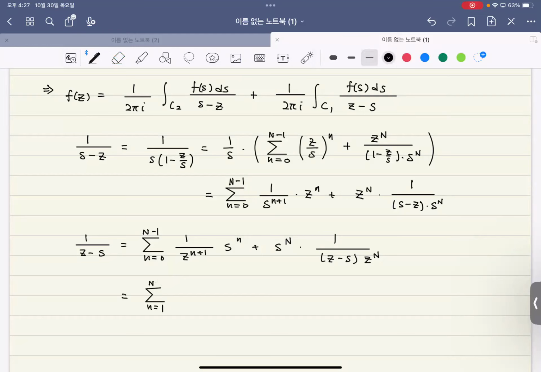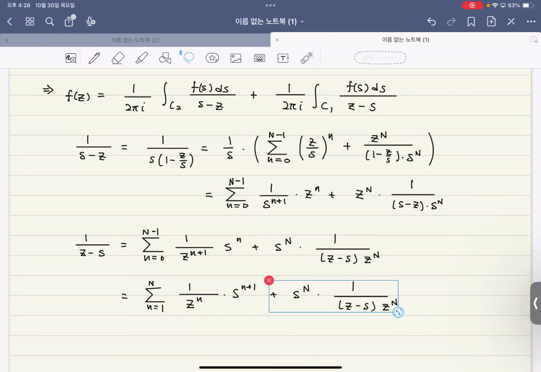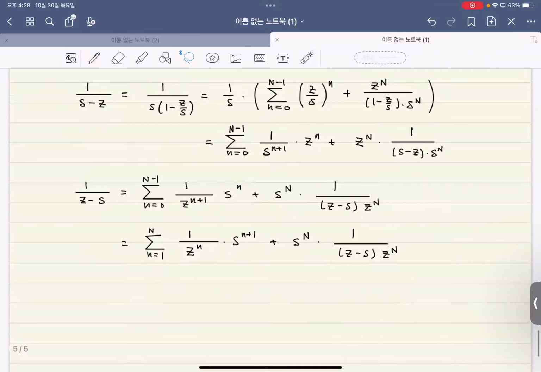So if I change this guy, then this is z^n times s^(n plus 1), right? And this one just carries over.